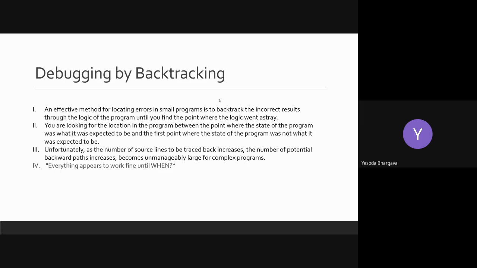Okay, so the fourth method of debugging is debugging by backtracking. So in this particular method, you start off at some point and then you are backtracking to the point wherein everything appears to work fine until when. So again, you see some cause, but that is not it.